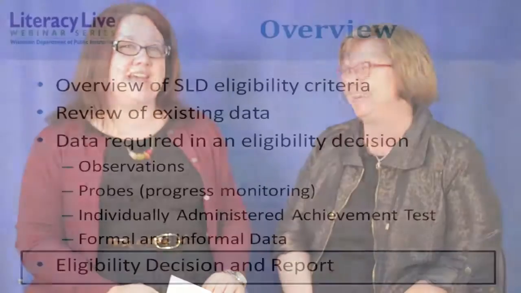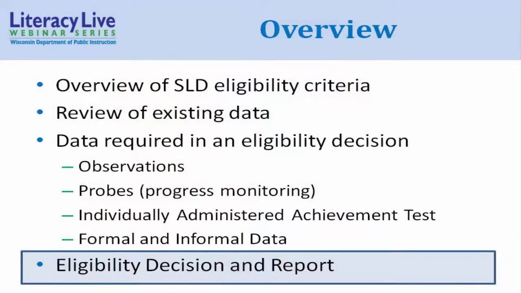So if there are inconsistencies in the data, that is something that the IEP team needs to work through, and those inconsistencies would need to be resolved before the findings meeting can reach a conclusion. So next, Deb is going to talk with us a bit about the eligibility decision and report.